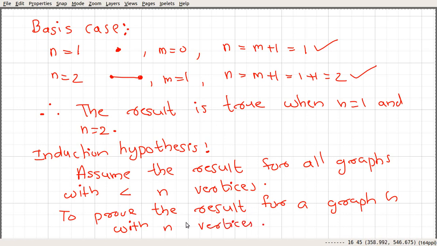So that's what we are going to prove, that n is equal to m plus 1, assuming that the result is true for all graphs with less than n vertices. For all these graphs, the number of vertices is 1 more than the number of edges in that graph. So here we have to prove that the result is true for n vertices, that is, n is equal to the number of edges in this graph plus 1.